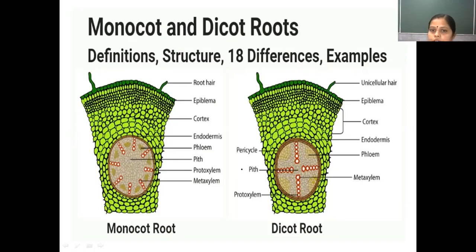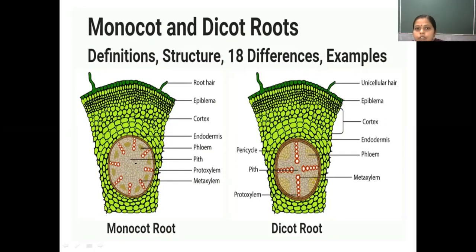The same type of arrangement is also seen in monocot root, whereas the pith is a little bit larger compared with the dicot. Observe carefully, the pith is large and the xylem elements are not 4, there are many. Hence, more than 2, 3, 4, it is said to be polyarch.